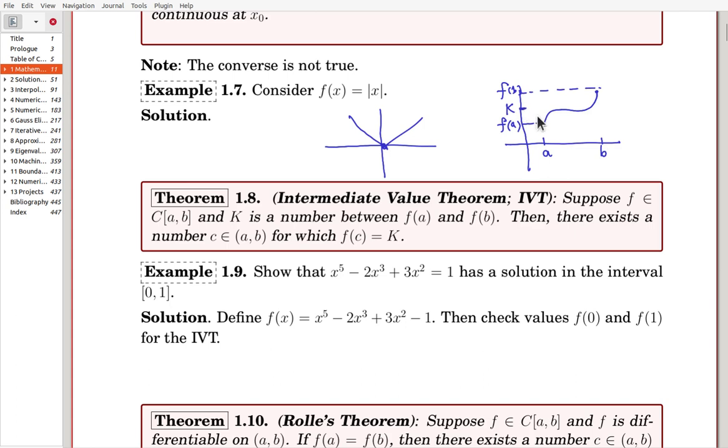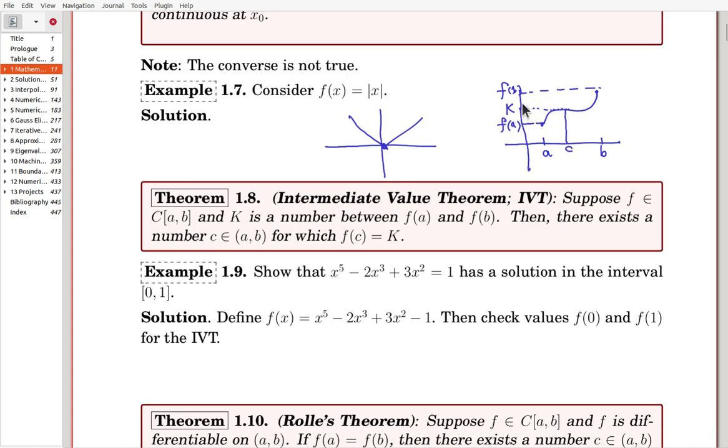We can easily check this by using a horizontal line here, then in the middle here, so that if you are choosing C here, then f of C must be k.